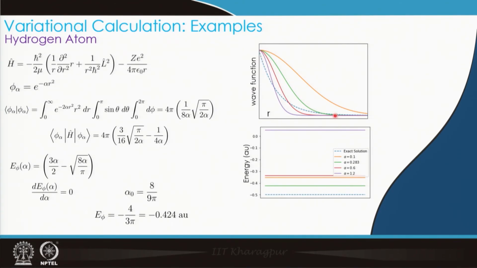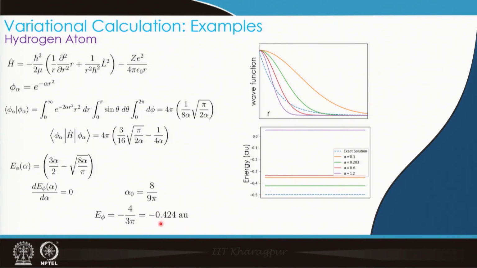Therefore, the properties that come out of it will not be that good, but even when we are taking a wrong functional form of the trial wave function, you can see we still can go very close to the true energy. Here in this case it is minus 0.424 atomic unit.